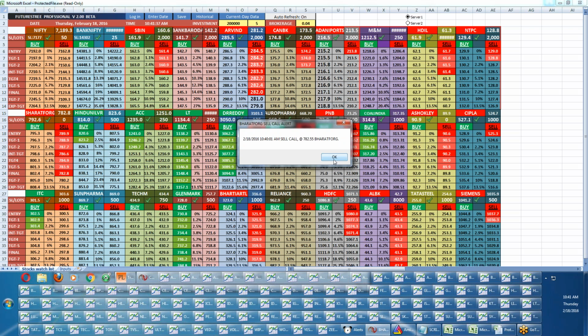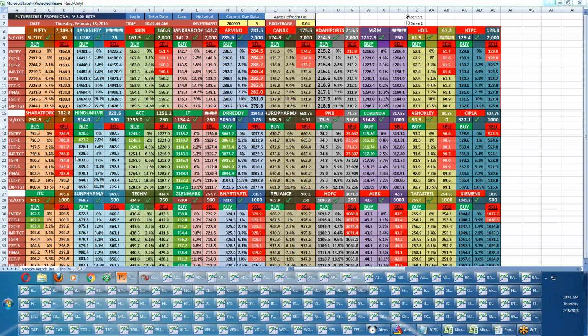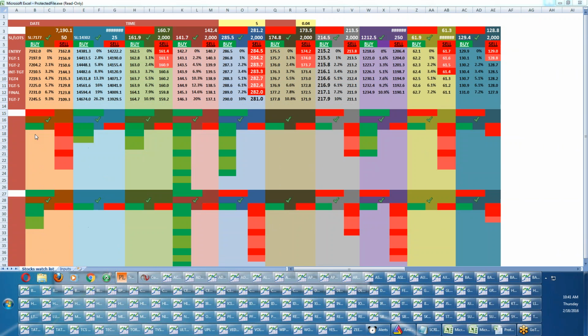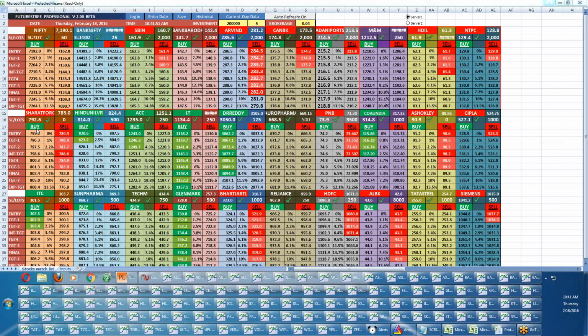So that's a confirmation for Bharat Forge in TradingTree. It's already done its final targets here. We had seen a stop loss in the buy call.